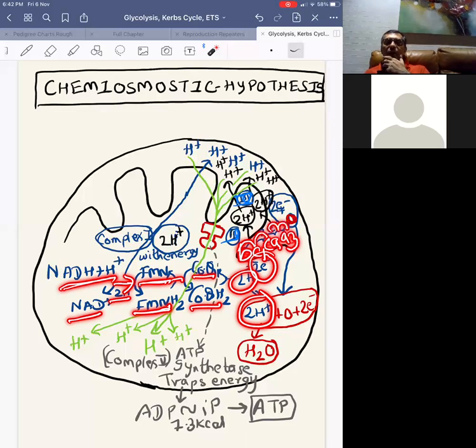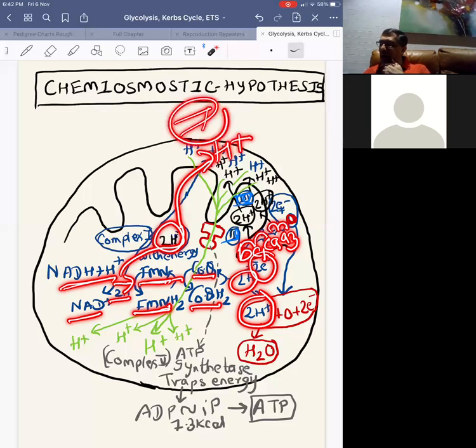And what happened in the meantime? In this process, protons went out between NAD and FMN into the intermembranous space. That is complex 1. And between B and C1, again into the intermembranous space. That is complex 3. And between A and A3, again protons went into the intermembranous space.